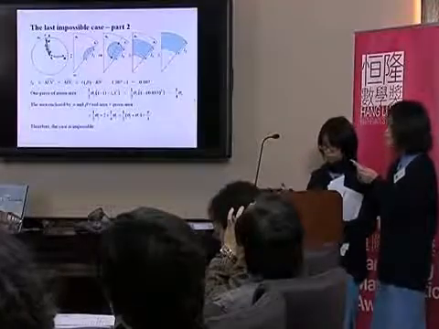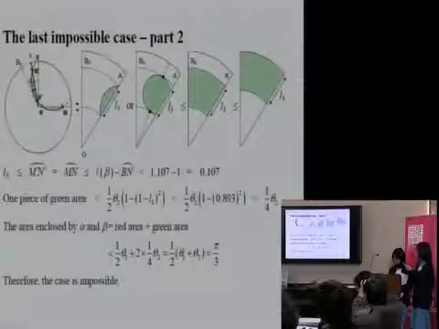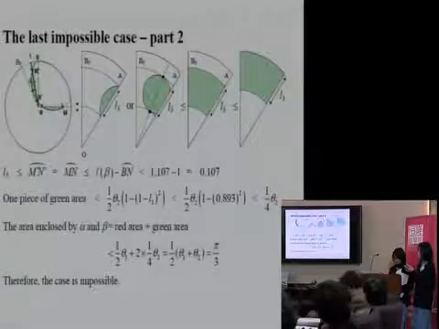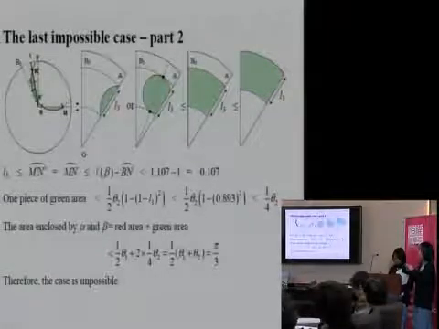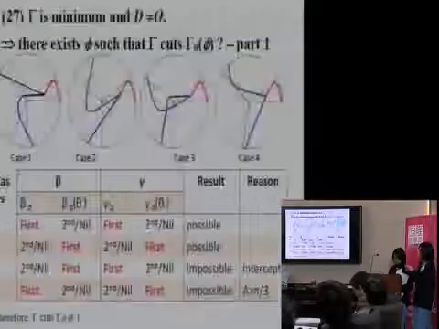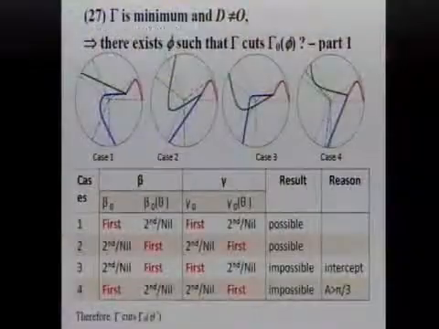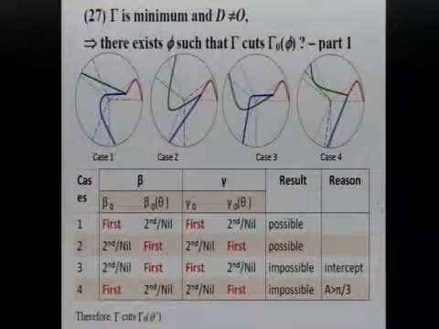We treat this area as a donut shape and move it to the top. Then we calculate the area. We get the result that the area is more than pi over 3. Since these 5 cases are impossible, by contradiction, beta must cut the sector OB log theta.